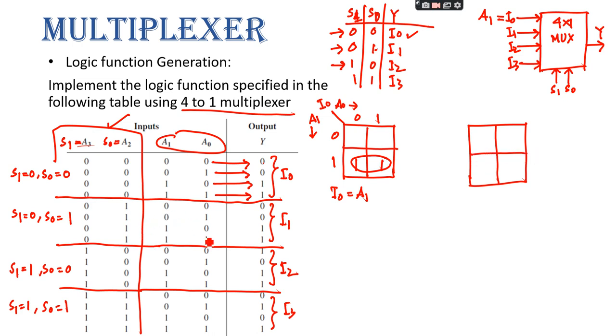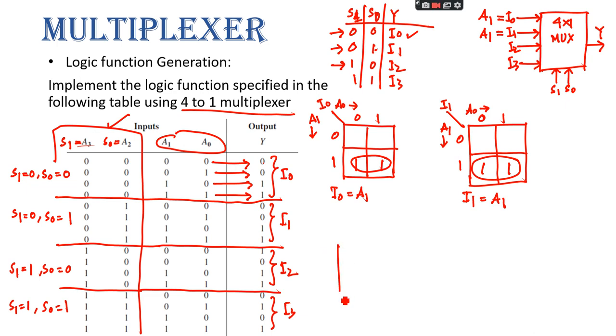Again A1 and A0 are my inputs. So 0 1 0 1. Where should I put 1? Again the last two, right? Yes, sir. So if you combine them, your I1 should be A1 as well.